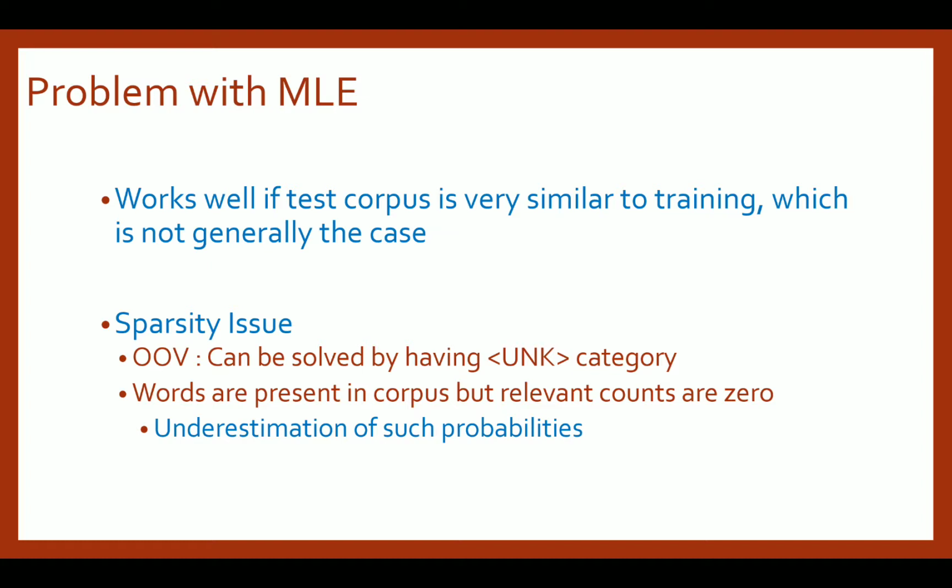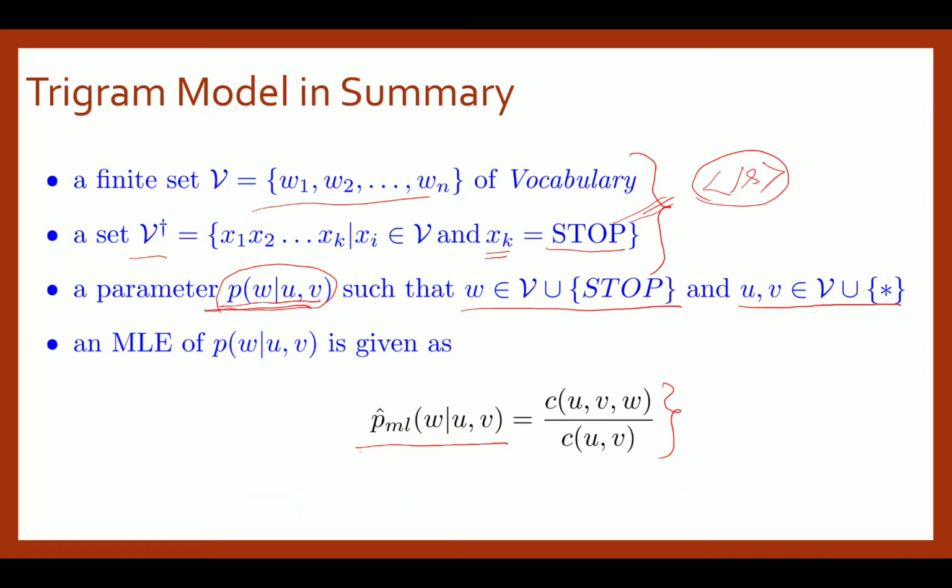Again, just think in the case of this trigram model: if your vocabulary size is of the order of 20k, then the number of parameters you have to estimate in the trigram model is of the order of V cubed, and that is approximately how much it would be.